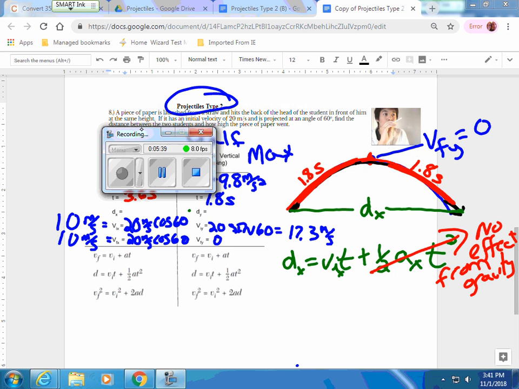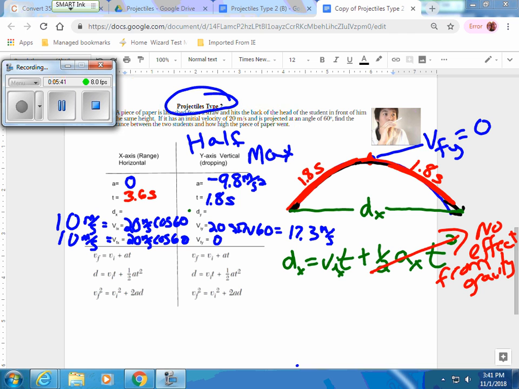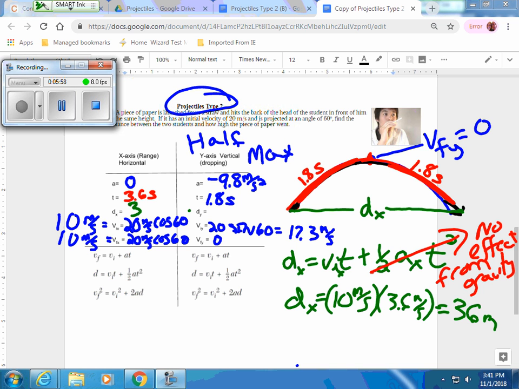Okay. Now that's a pretty straightforward problem. So now you can go dx is equal to 10 meters per second times my time of 3.6 seconds. My final answer is 36 meters. Bam. Put over here, 36 meters.